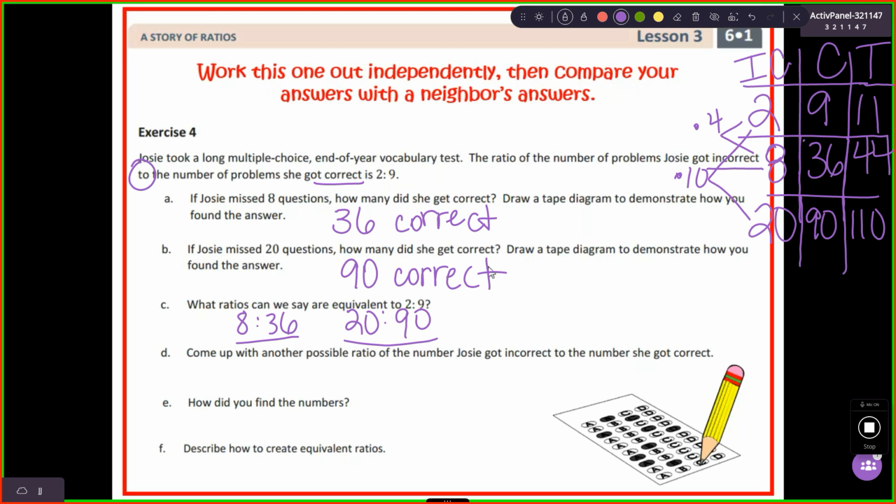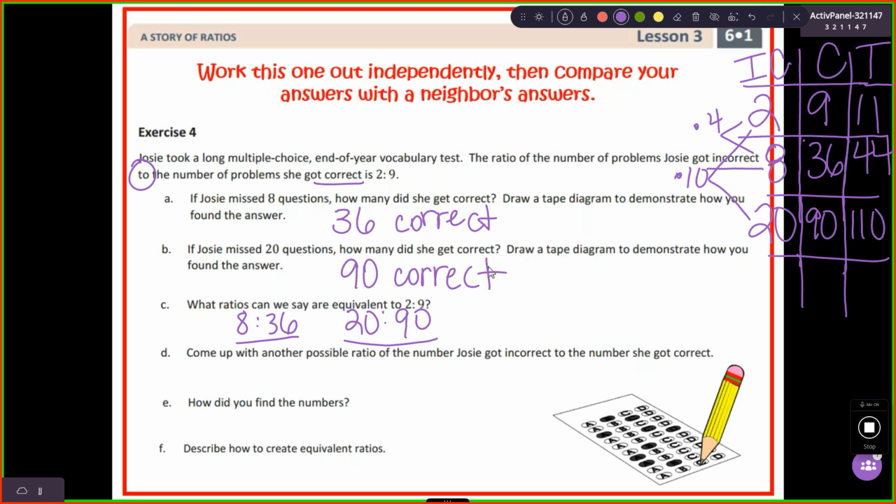Now we're up to 100 what? 10. Should I go past that? No. So let's pick a number to multiply by that doesn't pass 10, but it stays kind of big. So I need to stay in between 4 and 10.